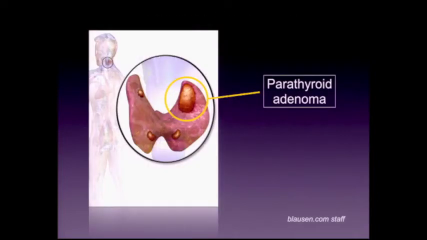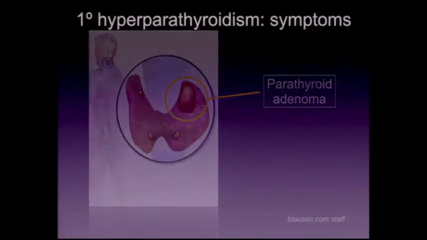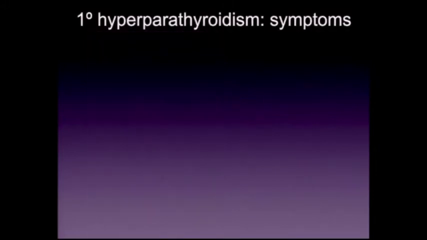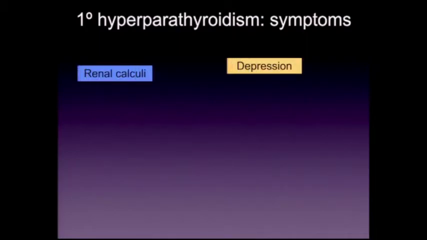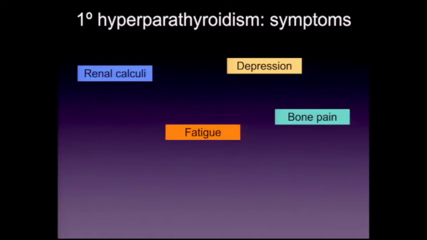The common entity that we're looking for is illustrated in this slide, showing an enlarged parathyroid gland, a parathyroid adenoma. The symptoms of hyperparathyroidism are interesting and include depression, renal calculi, bone pain, and you can clearly see that the importance of parathyroid glands in calcium metabolism is at play here, fatigue, reflux, and headache.